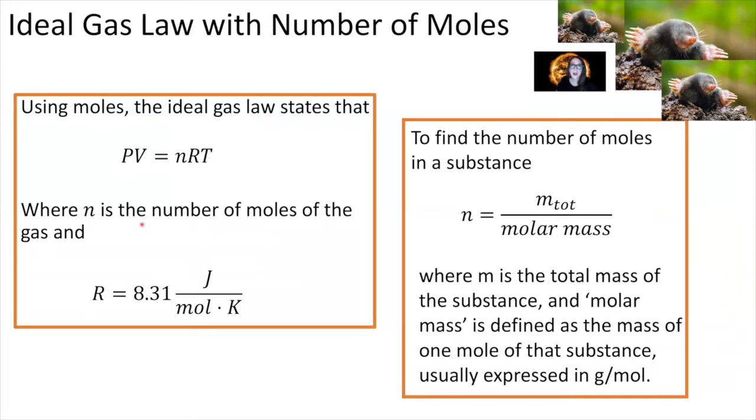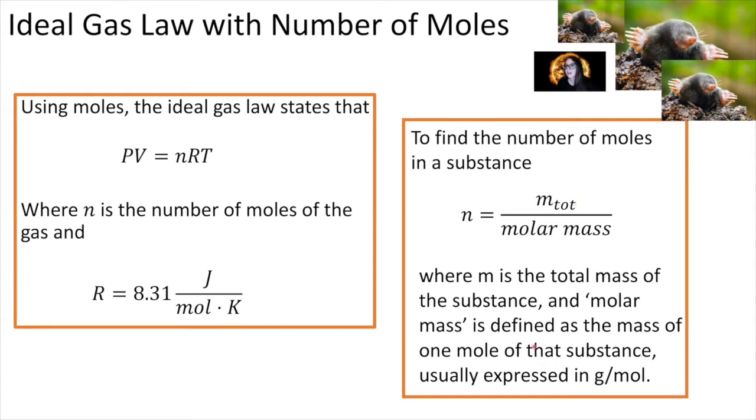n is the number of moles of the gas. Remember that one mole has an Avogadro's number of particles. And R here is a new constant that we define as 8.31 joules per mole Kelvin. To find the number of moles in a substance, you take the total mass of that substance and divide it by the molar mass.